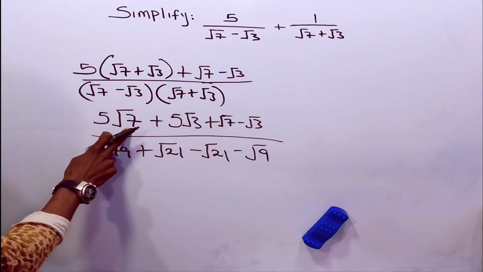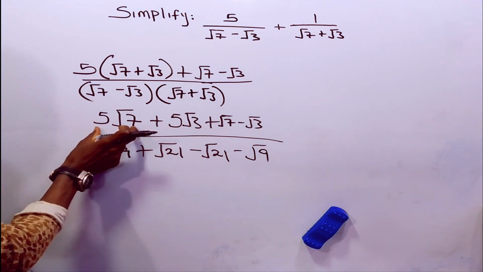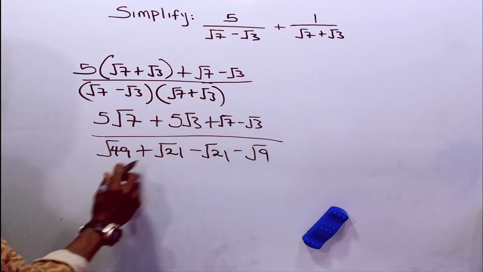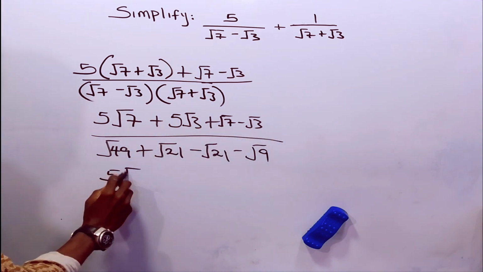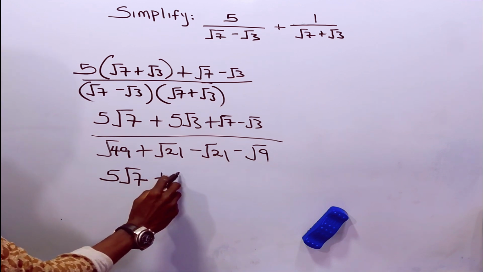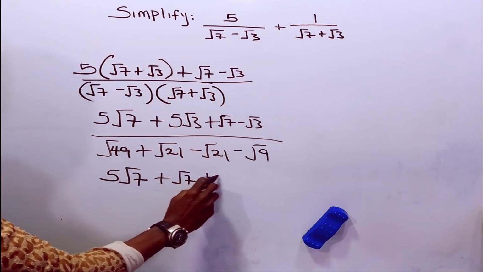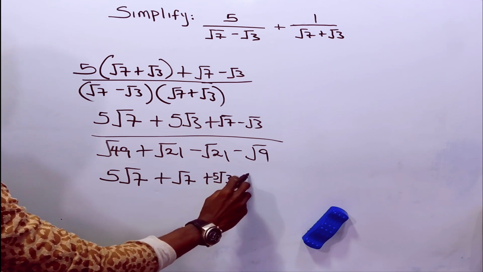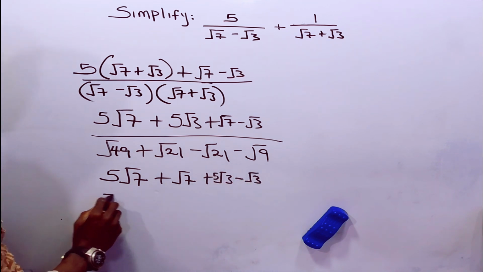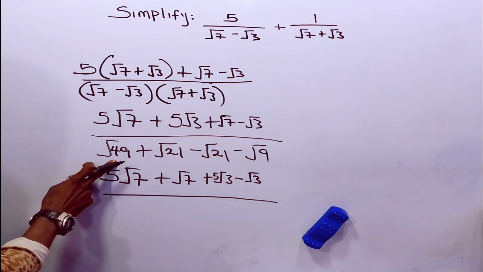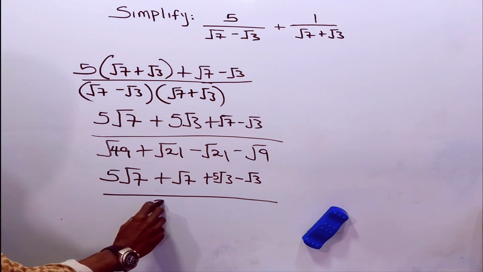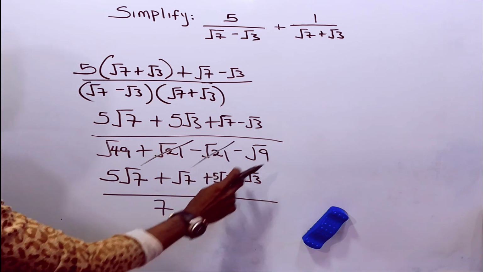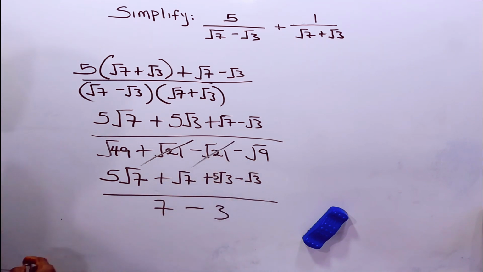So for the numerator here, let's collect like terms, bringing 5 root 7 close to root 7, 5 root 3 close to negative root 3. We'll have 5 root 7 plus root 7 plus 5 root 3 minus root 3 over, now simplifying the denominator, root 49 is 7, positive root 21, negative root 21 becomes 0, minus root 9 is 3.